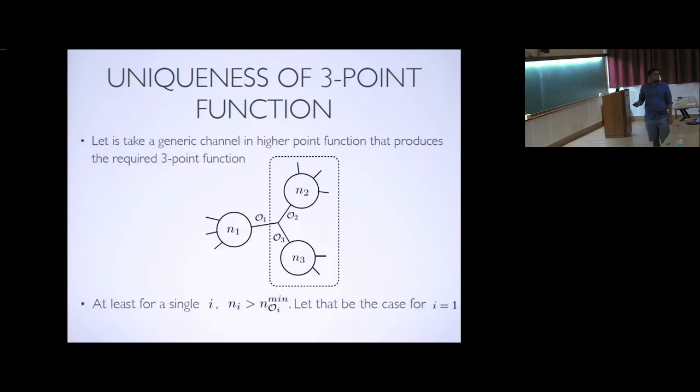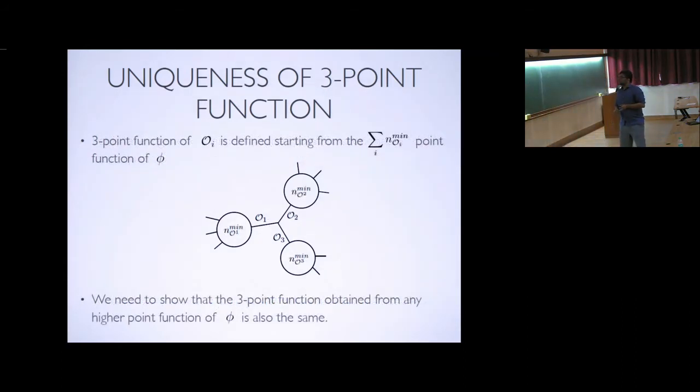Then if that is the case, in an inductive sense, you can show that whatever factorization channels are taken later would agree with the ones that are taken in the lower point function of phi. Is this clear? Maybe it was too fast.